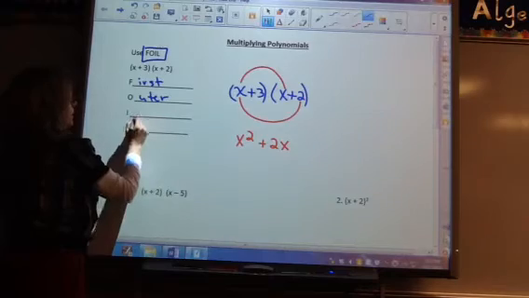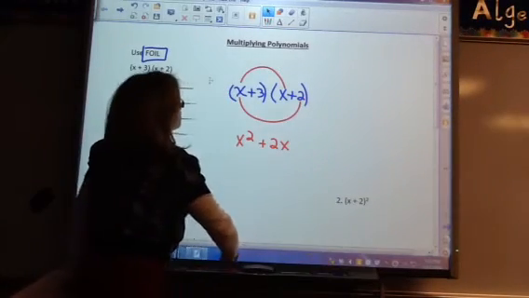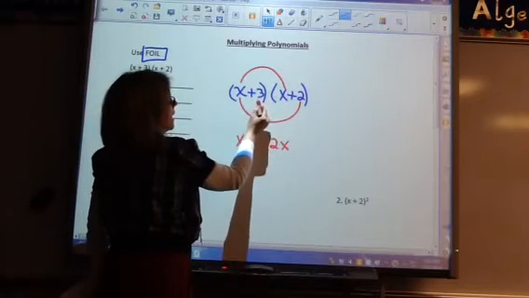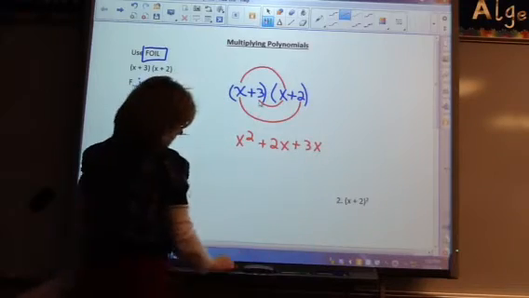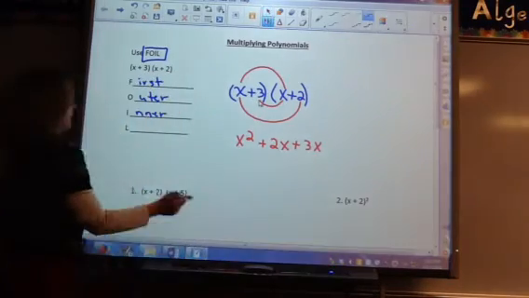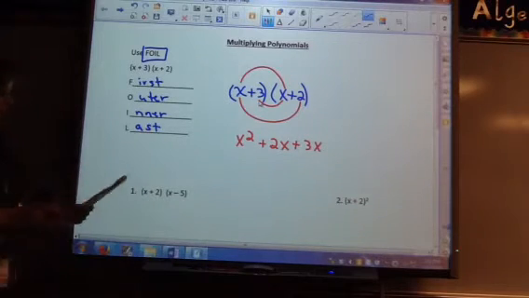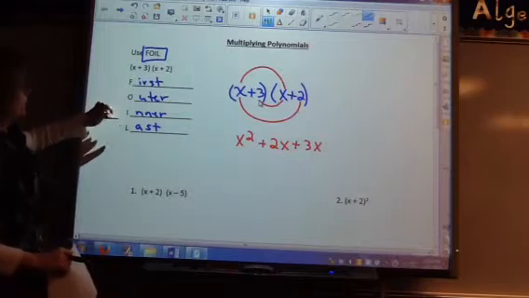And then the I stands for inner. Inner is the 3 times the x, which is a positive 3x. And then the L stands for last. So FOIL stands for first, outer, inner, last.